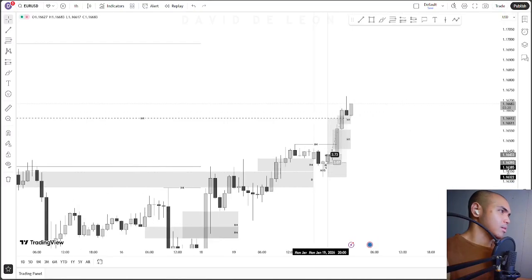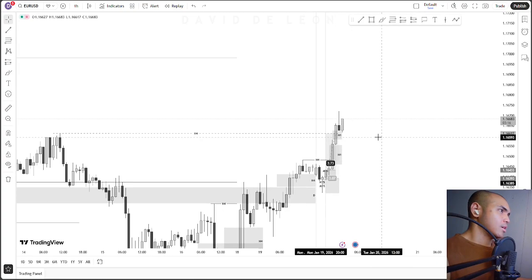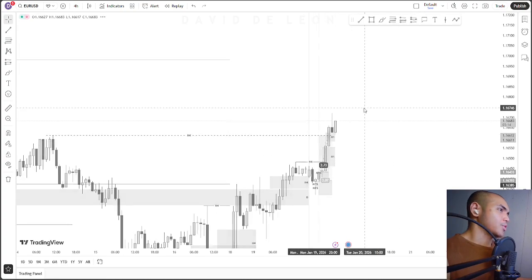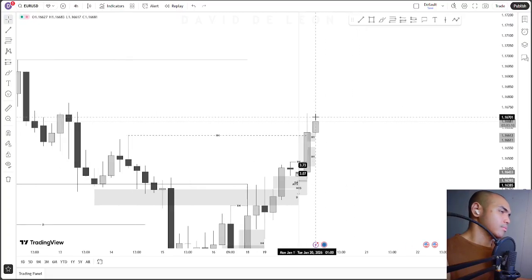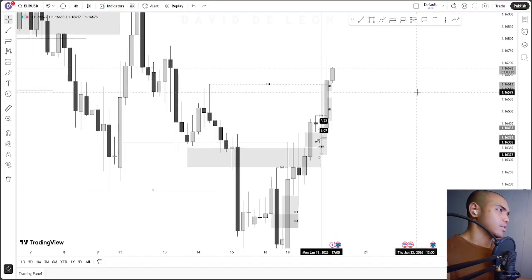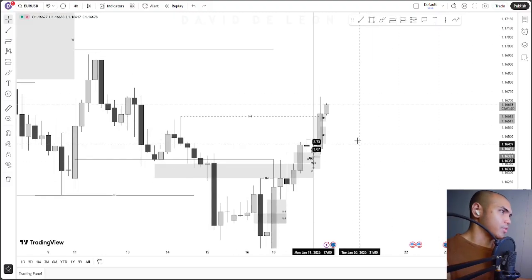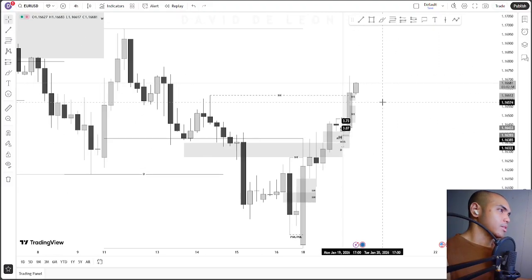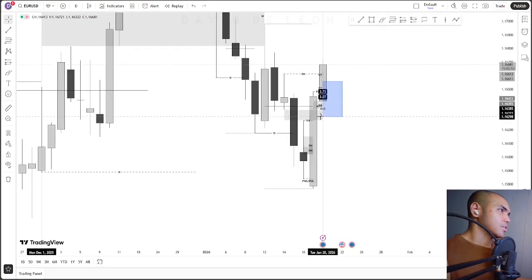I'm not going to chase that. I'm going to wait for another H4 PDA to form and trade from that. Take that H4 PDA as my trade setup and trade from that. But that's just that.